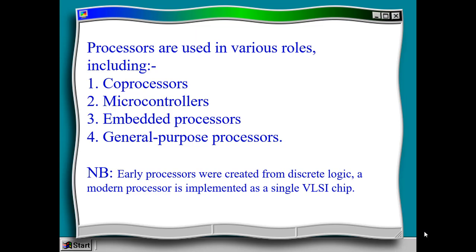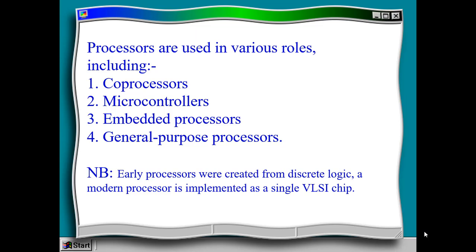So processors are used in various roles, which include, number one, the core processors, the microcontrollers, embedded processors, and the general purpose processors.